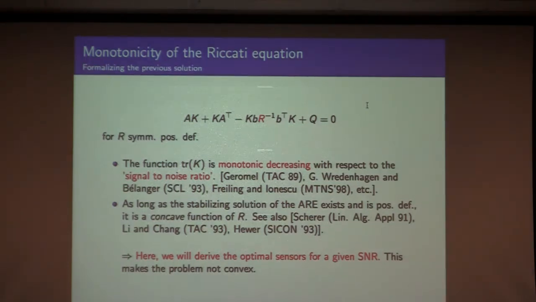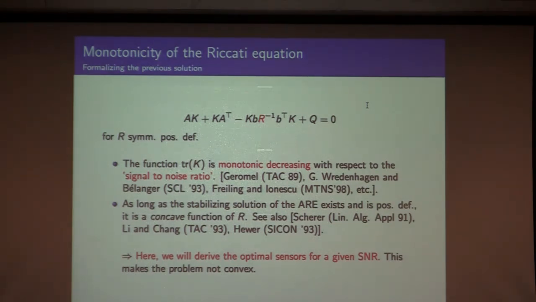So now what we want to do, of course, is, as we have a limited budget, like in all universities, keep our budget, keep our SNR, and try to find the optimal sensors for a given SNR. And this is what made the problem much more difficult, and why there is so much literature on it.